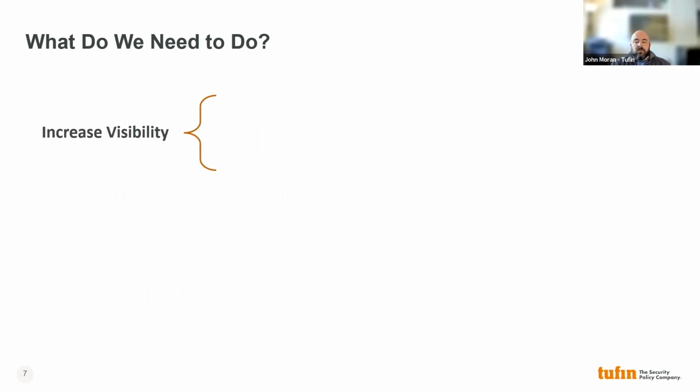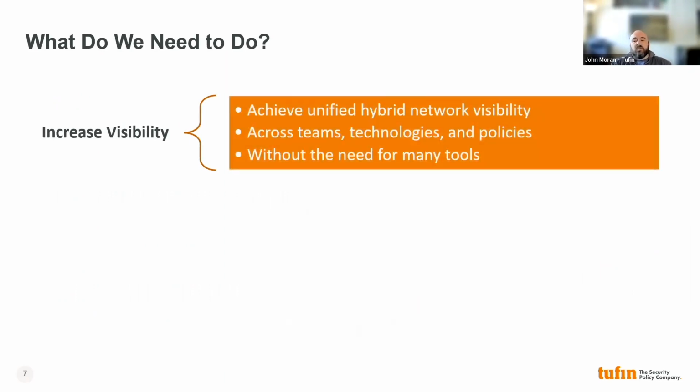And that needs to be unified visibility across the entire hybrid network. It needs to be across teams, reduce those silos. It needs to be across technologies. So we're not just getting a tiny bit of the picture, we're seeing the whole picture in a unified view, understanding the impact of one policy over here across the entire communication stream across our cloud and across our policies.